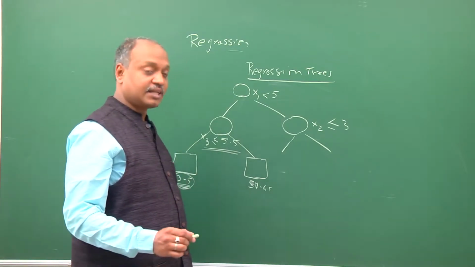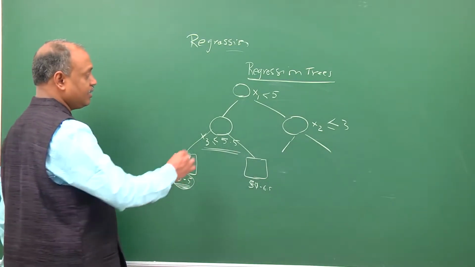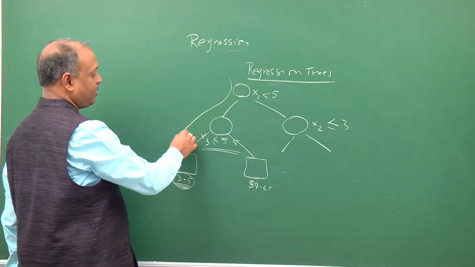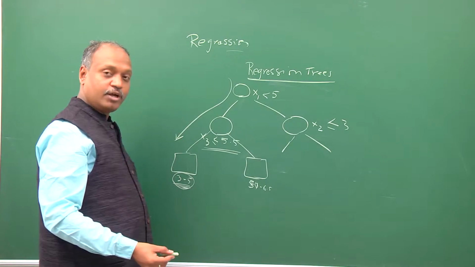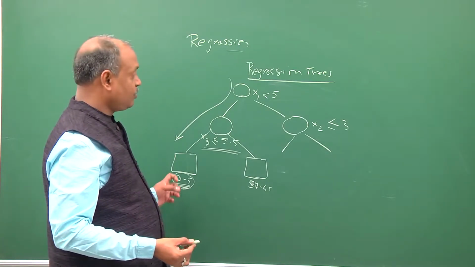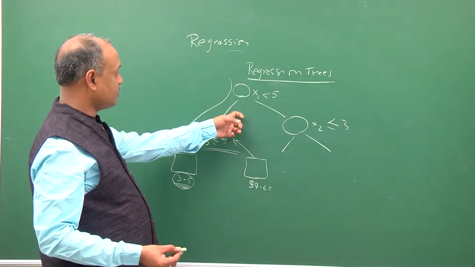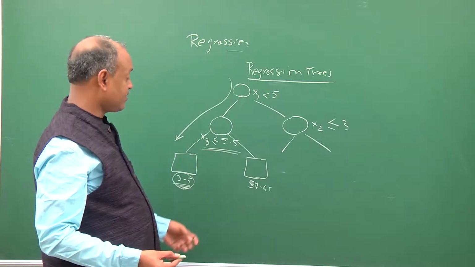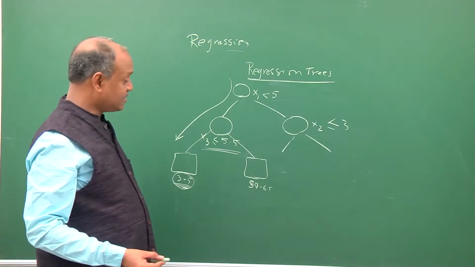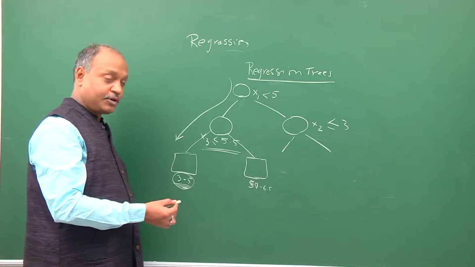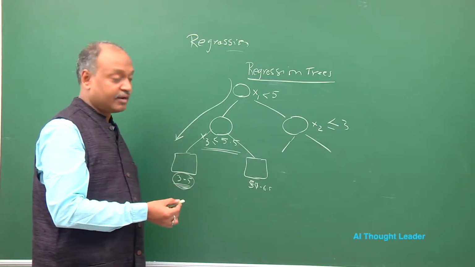Then, just like the classification tree, we can convert the path followed from the root all the way to the leaf node in the form of a rule which says x1 is, suppose, less than 5 and x3 is less than 5.5, output will be between 3 to 5. So that is probably a decision tree rule generated from the regression tree.